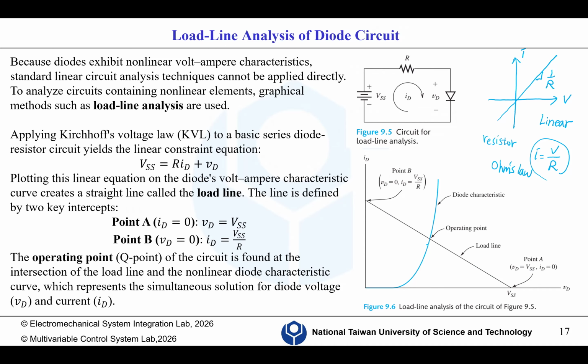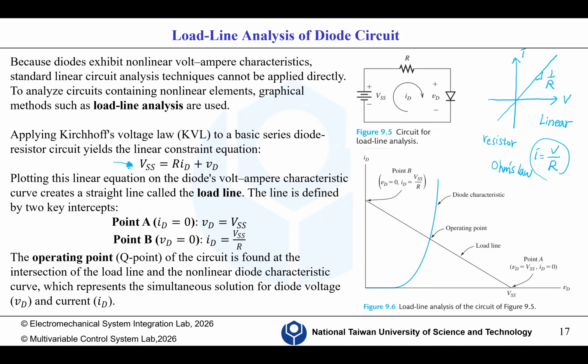Okay, so how do we start? The way is called load line analysis. First, we need to build a load line. What is a load line? A load line is this equation.